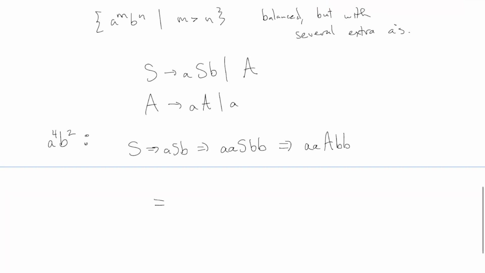So I'm going to do A goes to AA, one time, then bb. And then for the last time, I'm just going to do this A goes to just a single little a. A, bb, and that's it, right? So these are all simple variations on the basic kind of balancing idea, right? Balanced with some extras.